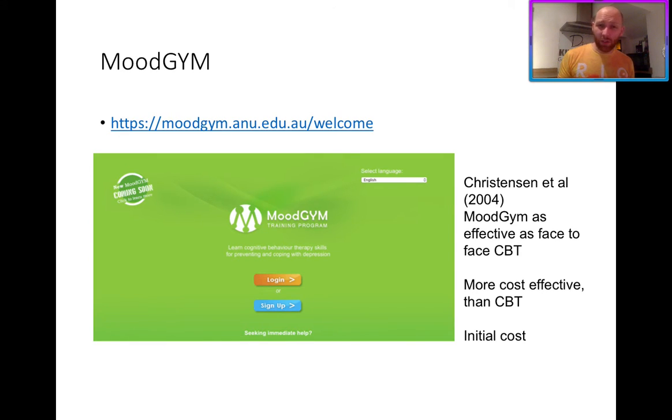It's designed to essentially be an application online in which someone suffering from a variety of psychological disorders can actually self-medicate, in this case use Mood Gym software to actually improve their outcomes. Well, Christensen analysed the effectiveness of Mood Gym and found that it was as effective as CBT.